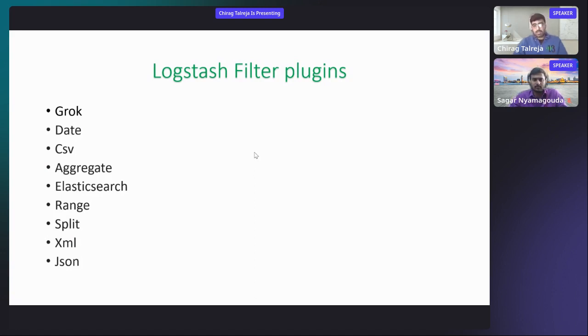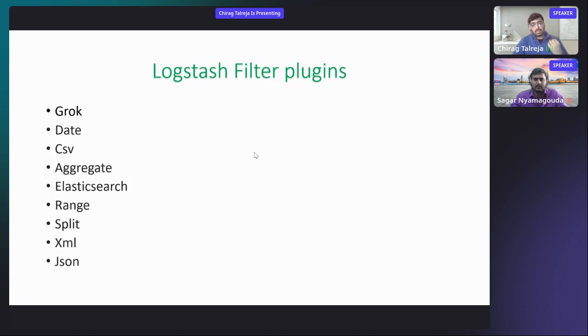And the next one is Elasticsearch. We have used Elasticsearch in our pipeline as well. There can be pre-existing indices in our Elasticsearch database. When I say indices, it could be compared to a table in the relational DB context.